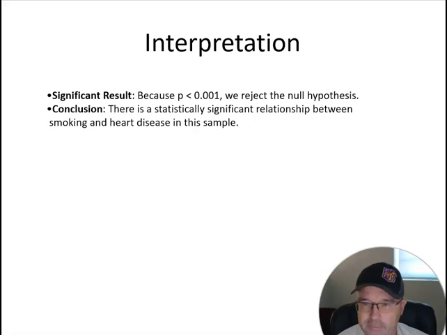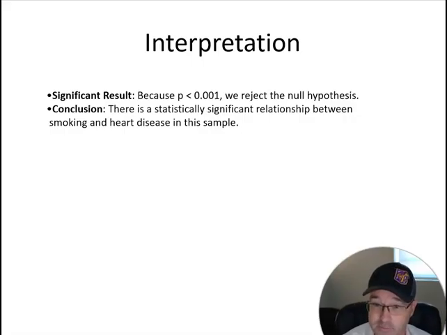Because the p-value is 0.001, we can reject our null hypothesis. There's definitely a mismatch going on there, or we've got evidence that suggests our alternative hypothesis is correct. So our conclusion is that there is a statistically significant relationship between smoking and heart disease in this particular sample.